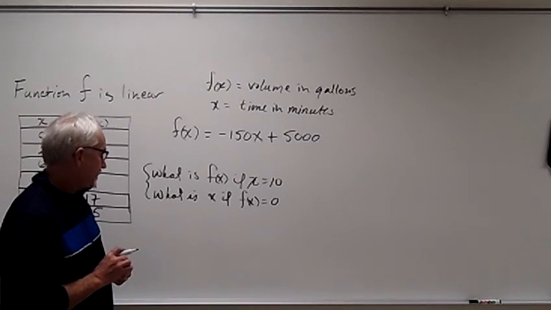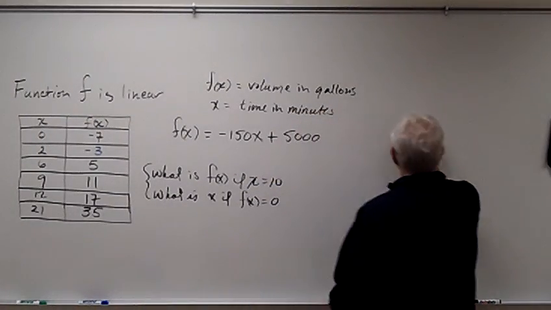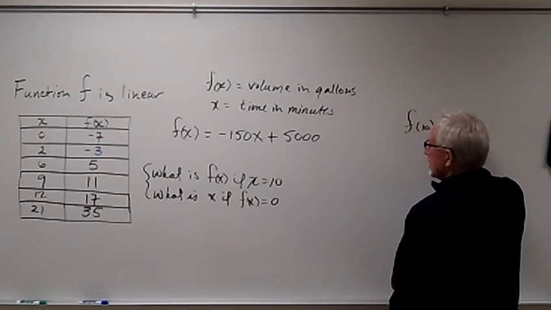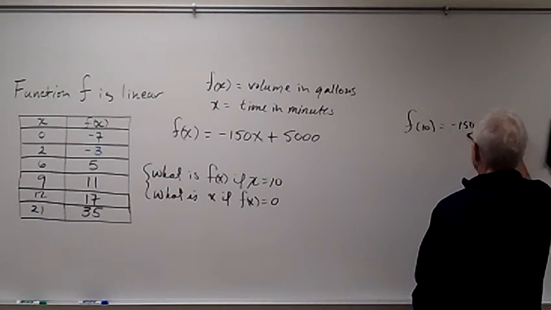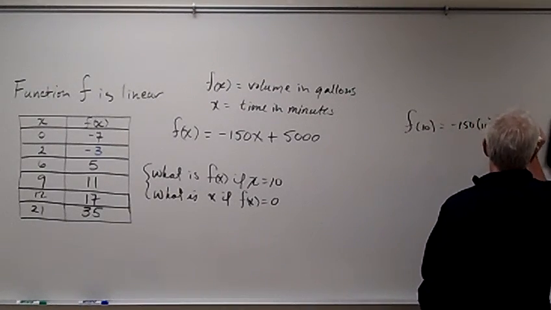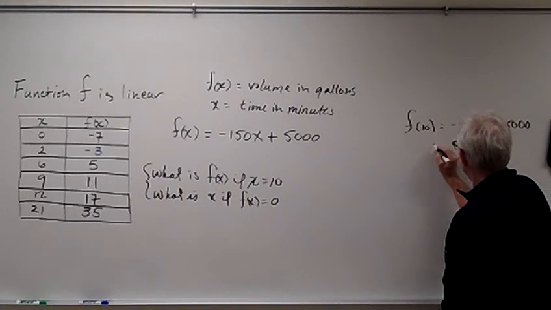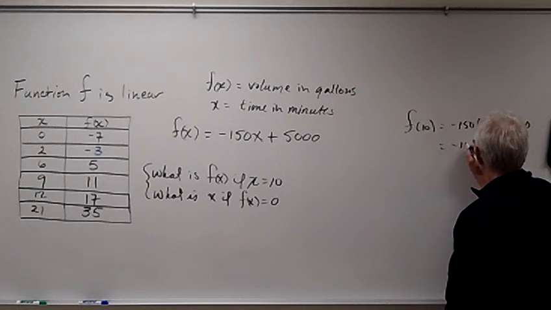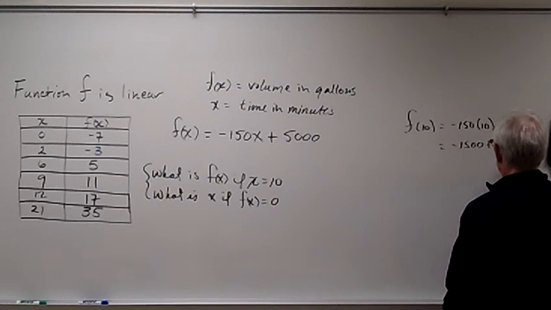What is f of x if x equals 10? So we'll use our equation. f of 10 equals negative 150 times 10 plus 5,000. So a little arithmetic. f of 10 equals negative 150 times 10, which is negative 1,500, plus 5,000.